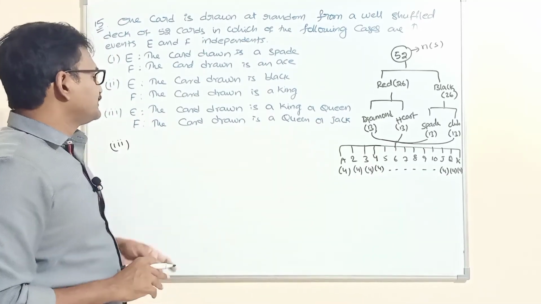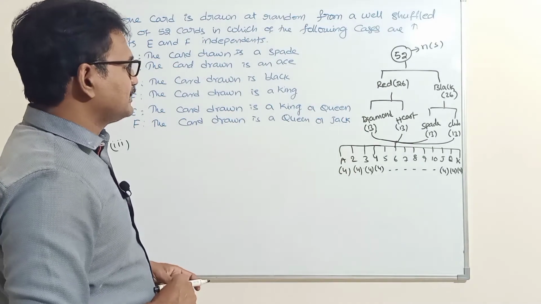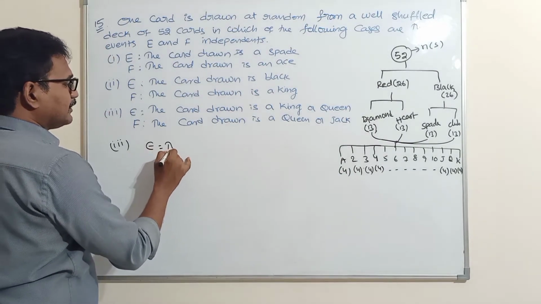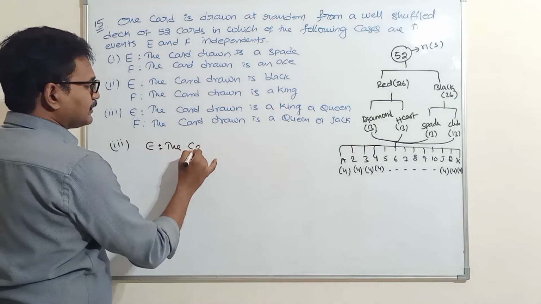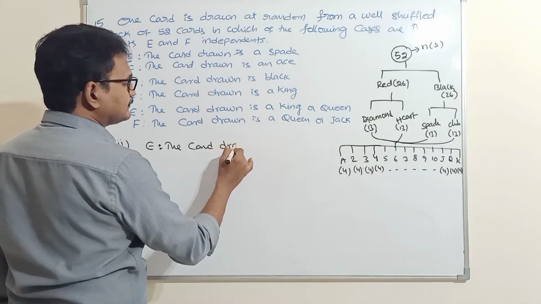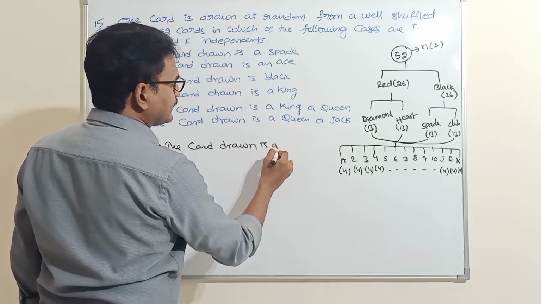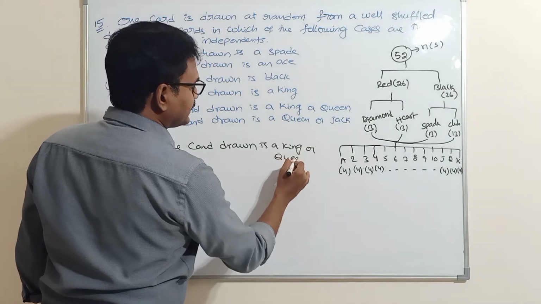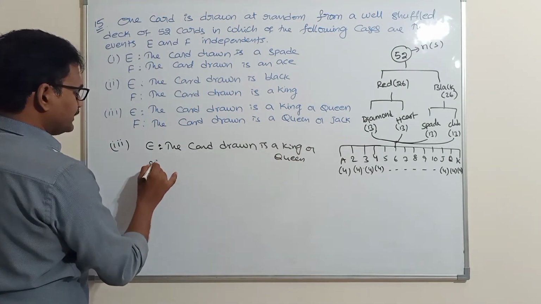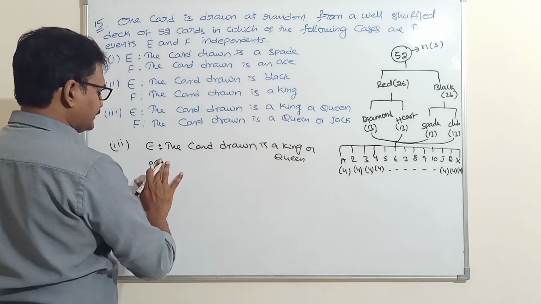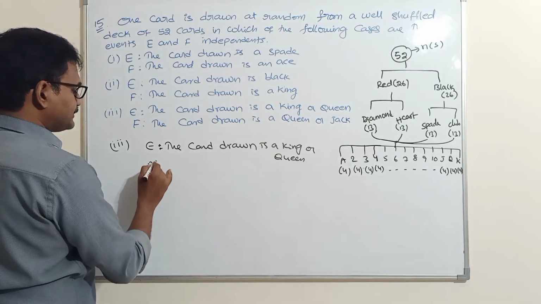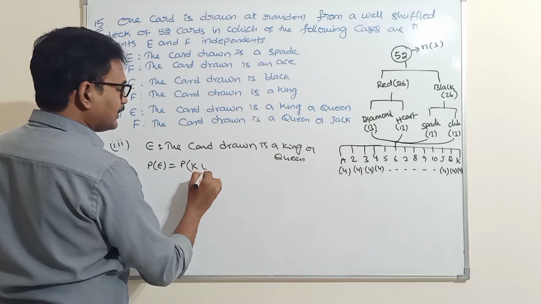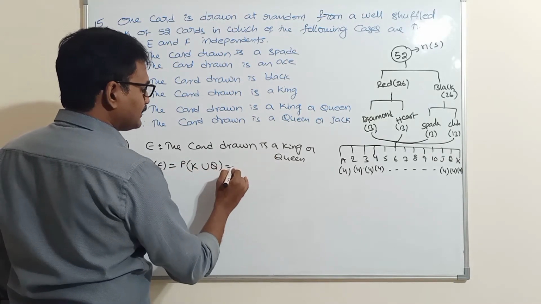Next, third problem. Event E is the card drawn is a king or queen. That means P of E is equal to P of king or queen.